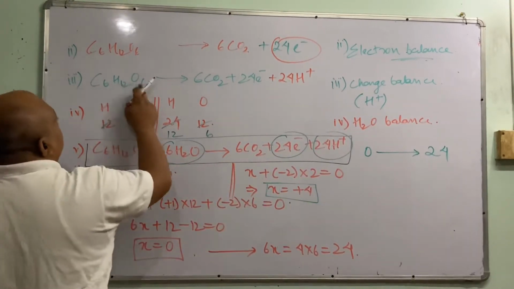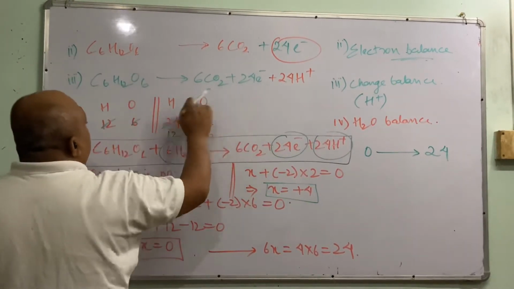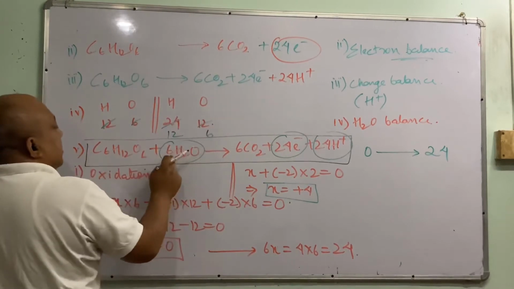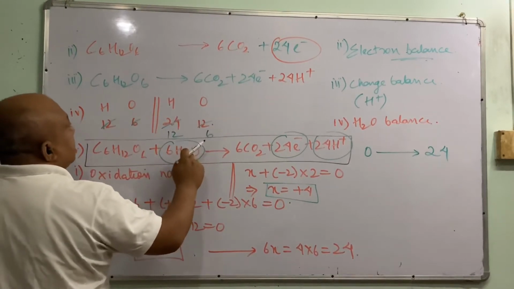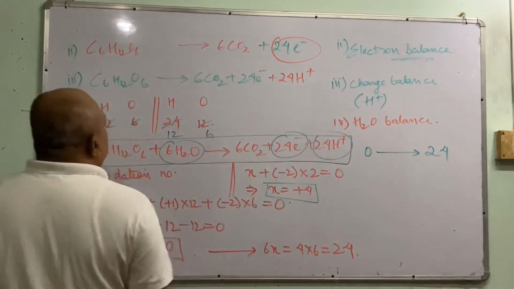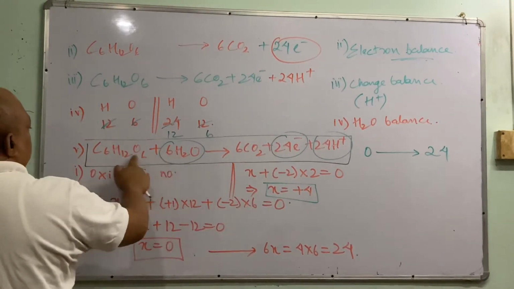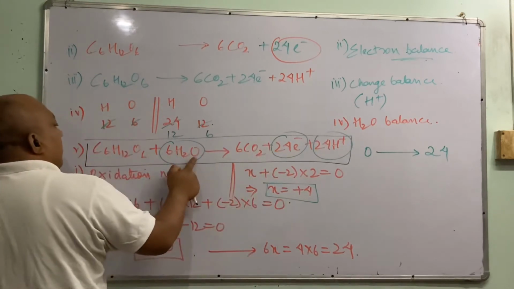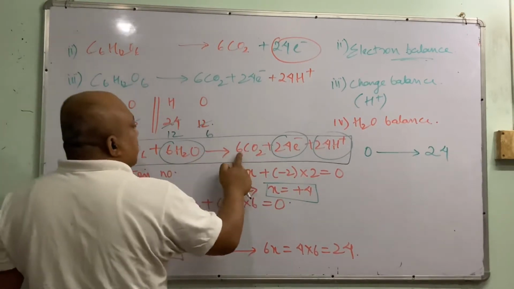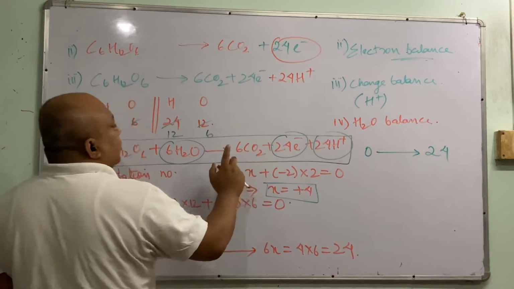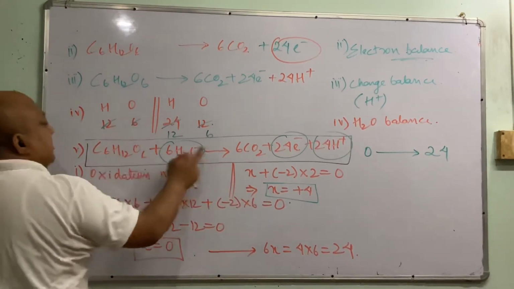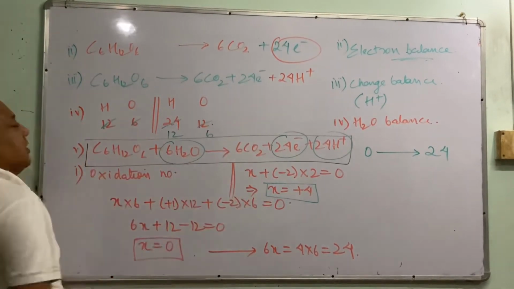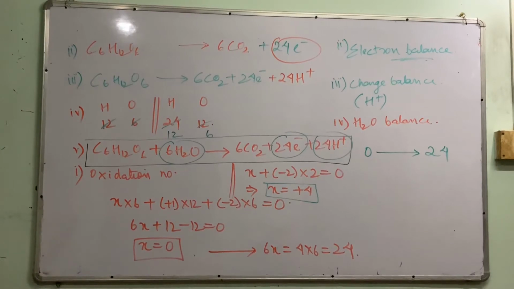Final is water molecule balance. So after checking hydrogen and oxygen over here, we know that if we put 6 molecules of water over here, on this side all the things will check. So total is 12 plus 12, 24 hydrogen, 6 plus 6 oxygen, it's 6 to the 12, 6 oxygen is there. 6 carbon, 6 carbon. So it is completely balanced. This is the first half reaction.